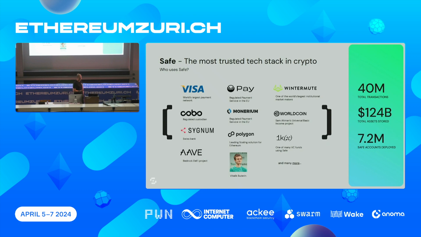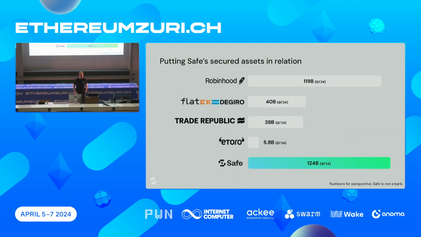It's also used as infrastructure for different tooling and solutions such as Worldcoin, the proof of personhood protocol. They use Safe as a user account, and every Worldcoin user is a Safe user, although most of them probably don't know. Similarly, Gnosis Pay and Kobo are also built on Safe as user accounts.